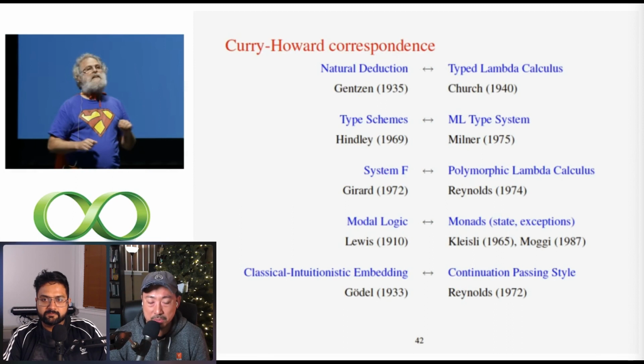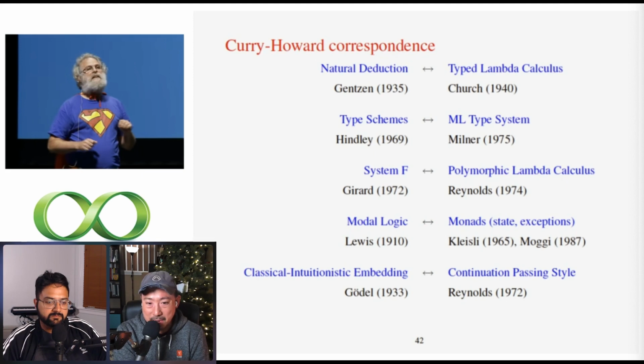And the Curry-Howard correspondence is kind of an observation, I guess a rule of thumb, that it seemed like any good idea in logic, in math, was independently rediscovered in computer science and vice versa. So apparently there's some sort of duality going on between logic and computer science.